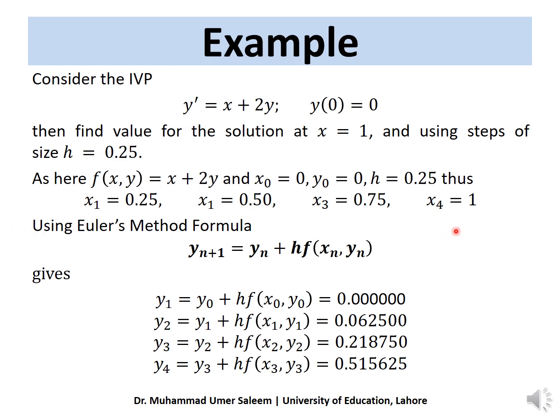Since to find the value at x4, you will need the value of y at x3, and then to compute y3 you need y2, and then to calculate y2 you need y1. So look at Euler's method formula. This is y(n+1) = yn + h f(xn, yn).